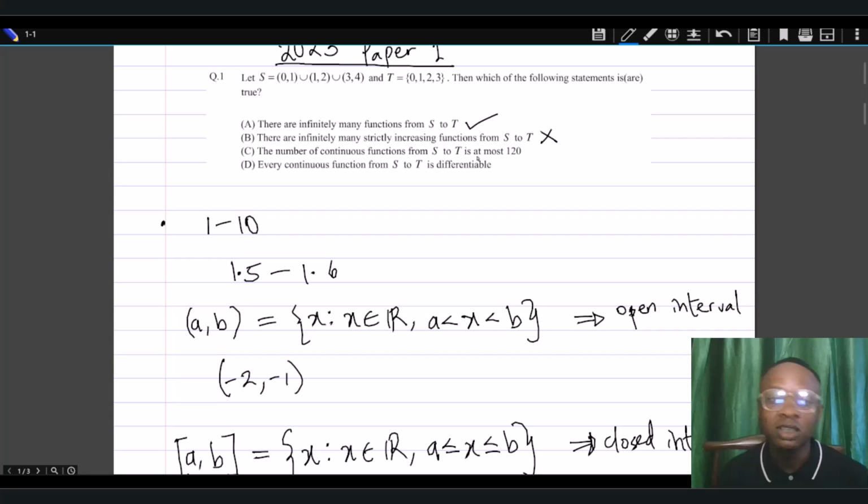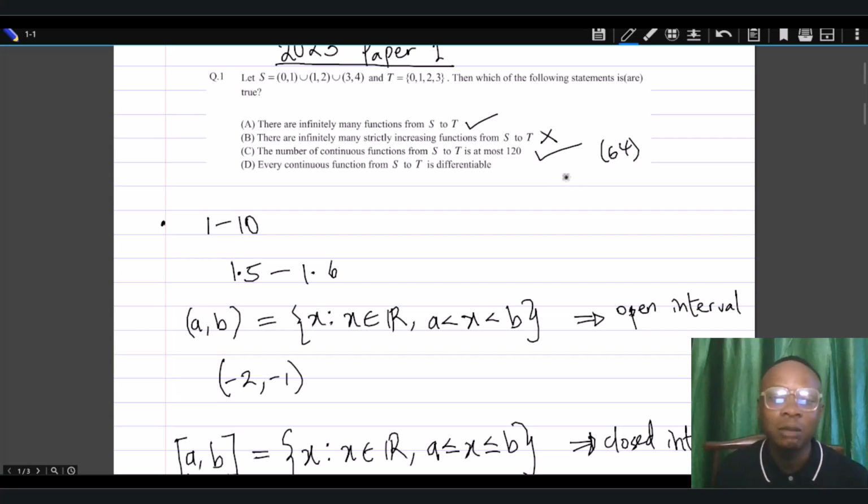At most 120 simply means it cannot exceed 120. And indeed, anything that is 64 cannot exceed 120. So this statement is correct. Of course, we know it is 64, and of course 64 cannot exceed 120.